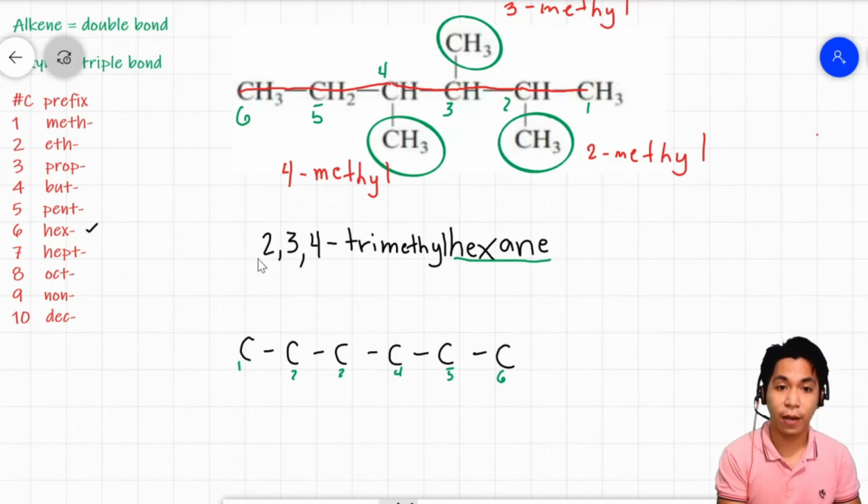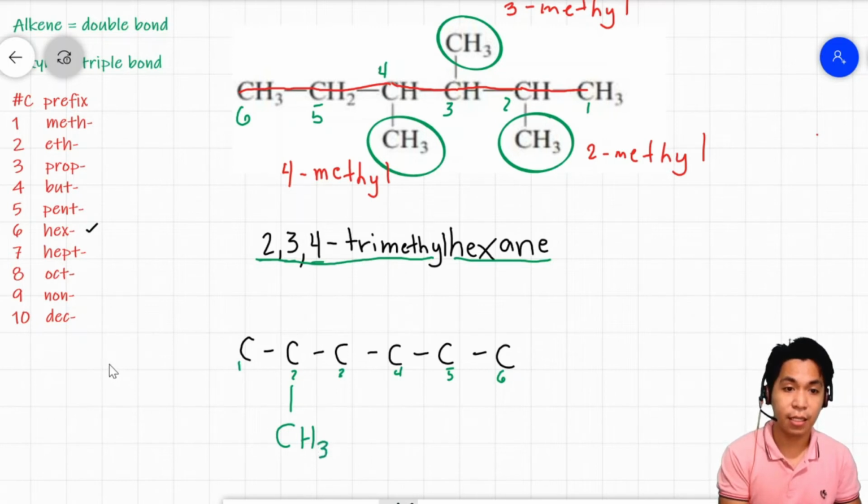Now we just need to follow the name, which is 2,3,4-trimethyl, which means there are 3 methyl branches. And where are they located? In carbon 2, 3, and 4. So we just need to add a methyl in carbon number 2. That's CH3.